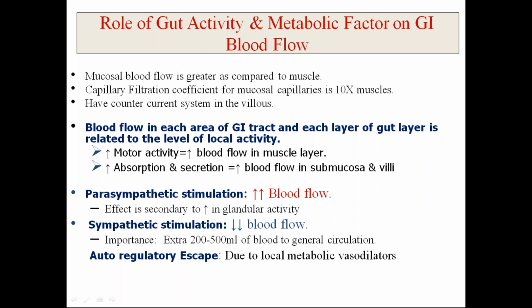But there can also be an autoregulatory escape which occurs अगर metabolic vasodilators बहुत ज़्यादा इकट्ठे हो गए within the GIT, then it can lead to an escape in the decrease in the blood flow.